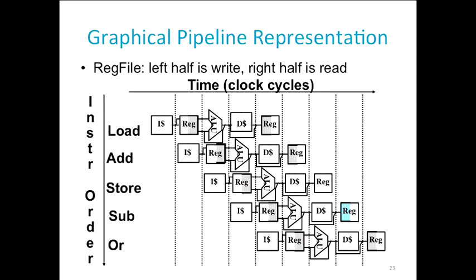Or even in the next add, like if you're writing to register 3 in the load, and then trying to add using that value. Right, good catch. So we'll get into that in a few slides, but yes, the problem is, what if this guy is loading into register 3, but this add was wanting to read register 3. I'm writing it here, but I want to read it earlier than I possibly can. So we'll talk about how to handle that.